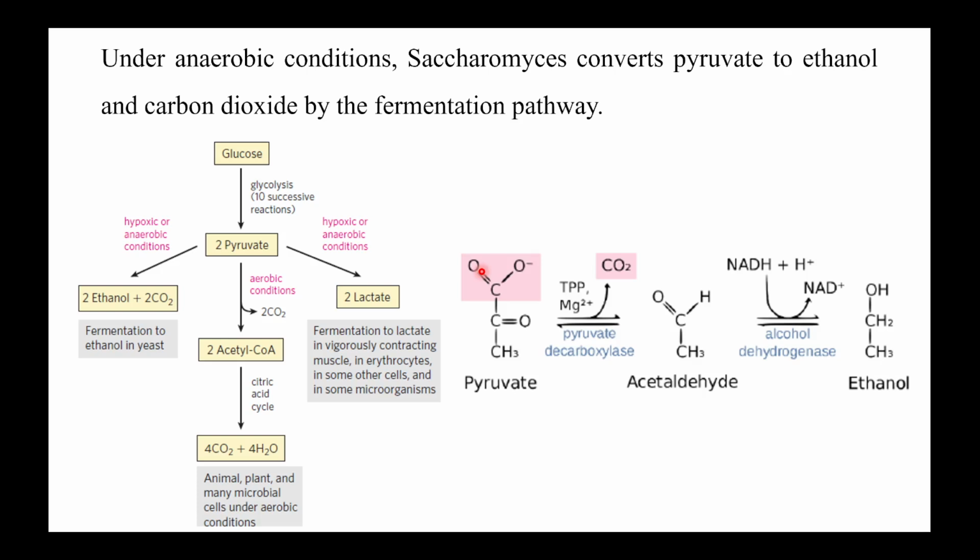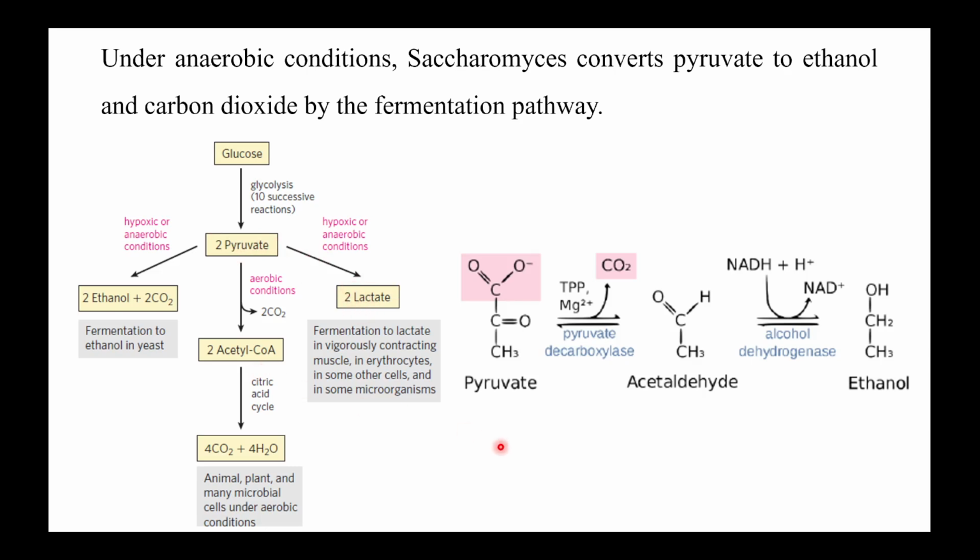So when we are running very fast, our body cannot have enough amount of oxygen. Since we are running very fast, the oxygen supply is limited to our body, and our body is then unable to follow this pathway where pyruvate is converted into acetyl coenzyme A and further oxidation into CO2 and H2O. So this pathway cannot be followed, and that's when our body starts converting the pyruvate into lactate.